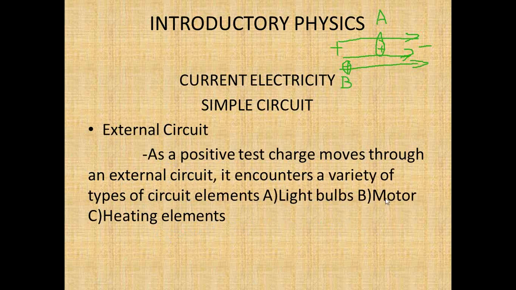It might encounter a motor, and its energy is going to be converted to drive the motor, or heating elements, and it is going to be converted to heat. So your electric potential energy can be converted to multiple different things depending on what circuit element it encounters.